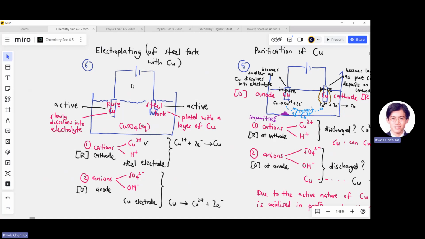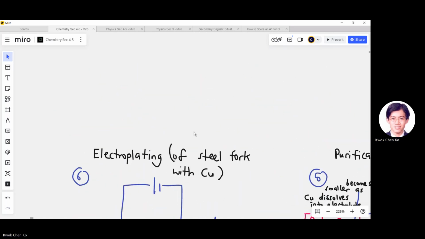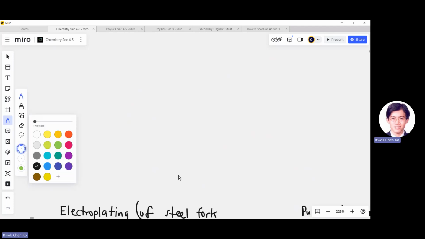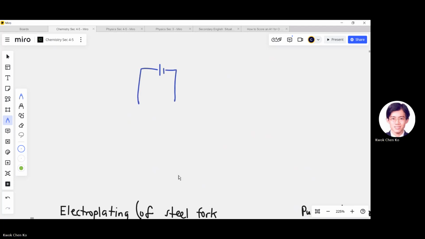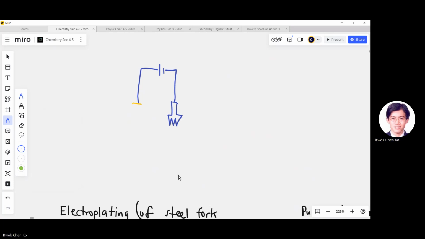Now, even though it's not part of your 6 standard scenarios, let me give you an unusual one, which can happen, or you can try this at home. If you are interested in electroplating, let's say again we have our steel fork. You don't like your stainless steel fork, it looks really ugly. On the other hand, you have a lump of gold. You have a gold coin here.